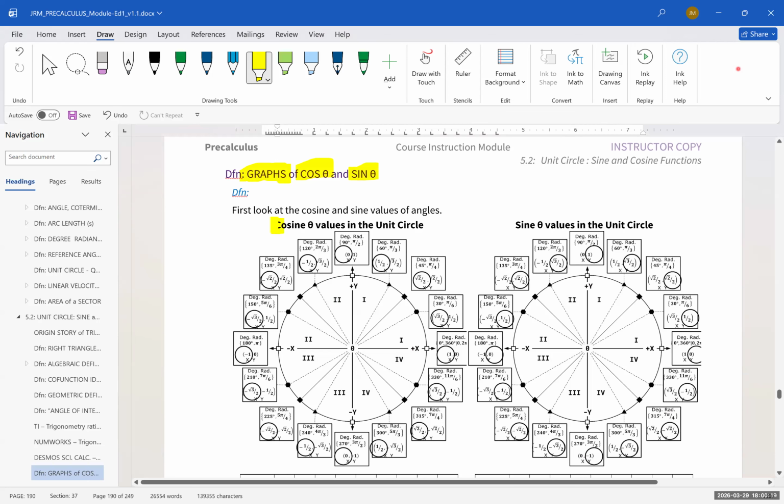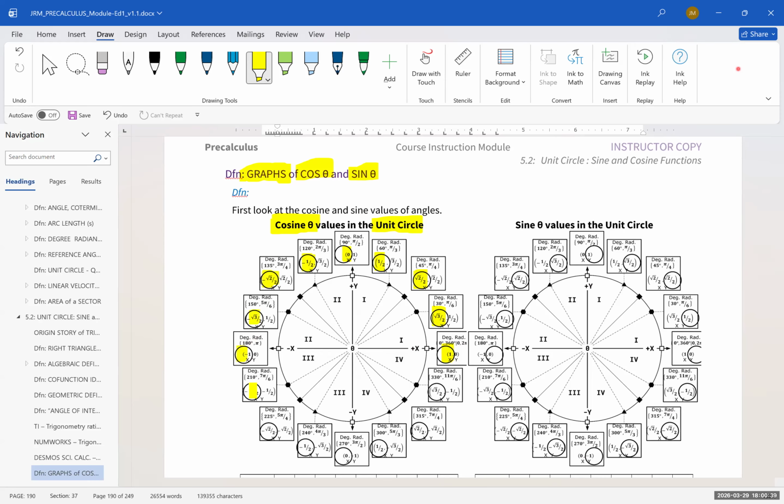So first, let's look at cosine theta values on the unit circle. So you can see we've got the unit circle here. And remember, the cosine values are the x values at the terminal side of every angle of interest.